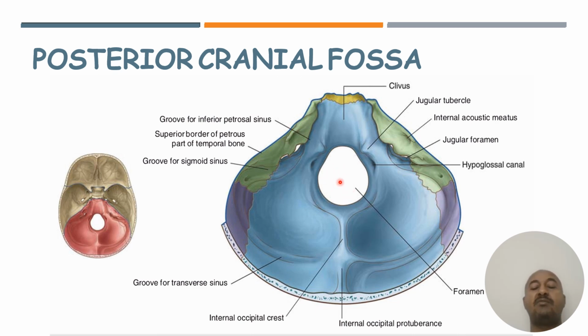This foramen magnum is mainly for the passage of the spinal cord, the accessory cranial nerve, which is cranial nerve number 11, and as well the vertebral vessels, arteries and veins. Then more laterally here, let's study this because it is closer to the foramen magnum.